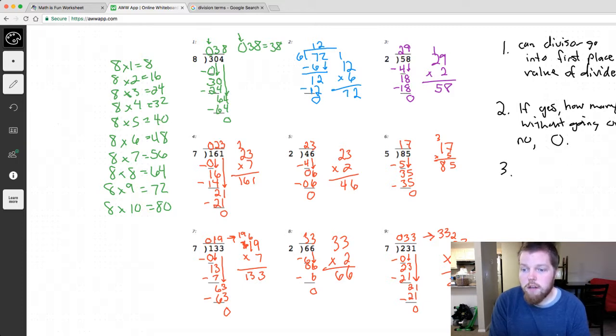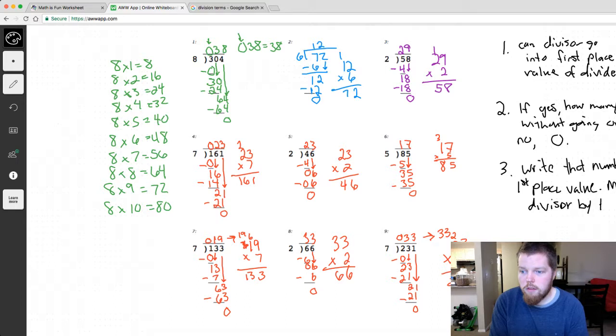And then we're going to write that number above the first place value, and then we'll multiply the divisor by that number and place it above the division bar.